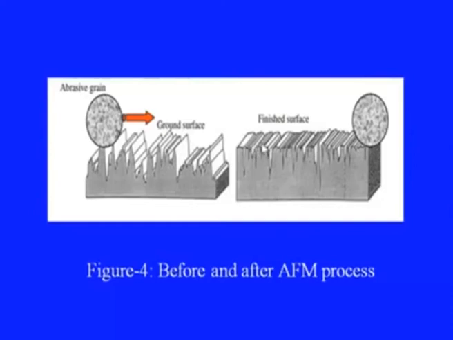By mere comparison we can say this surface is much smoother than what we had prior to this process, and if we continue this for some time, this may improve further. Of course, there is a limit and there are certain optimum conditions to which we can continue this process.